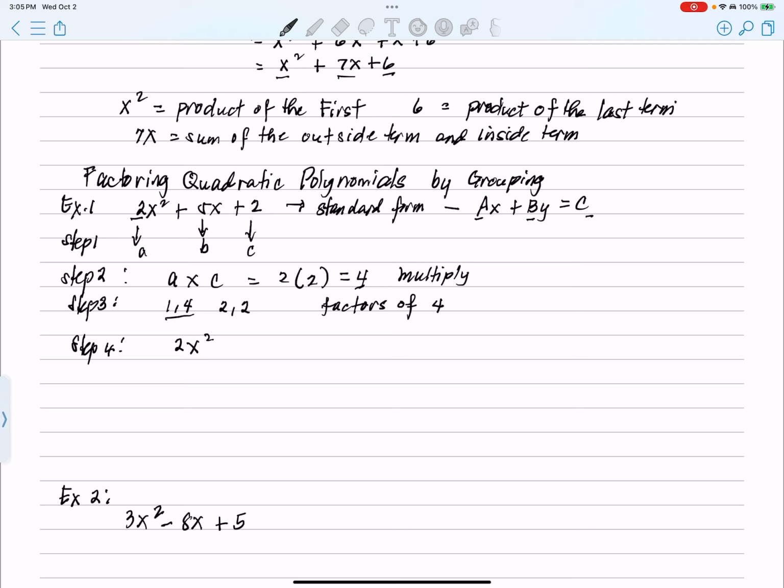I'm going to use our factors 1 and 4 to make it into 4 terms. So I will add 1x plus 4x, then plus the last term. Okay? Rewrite the trinomial.